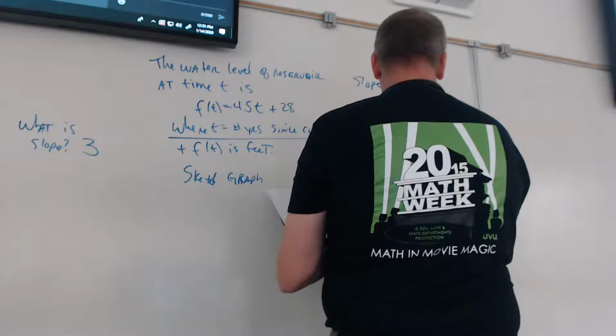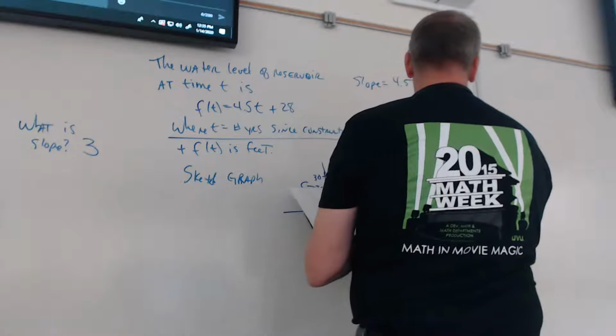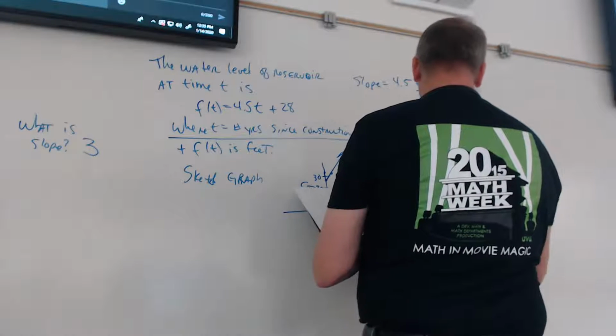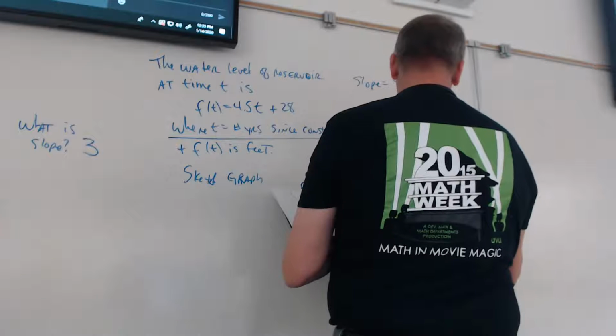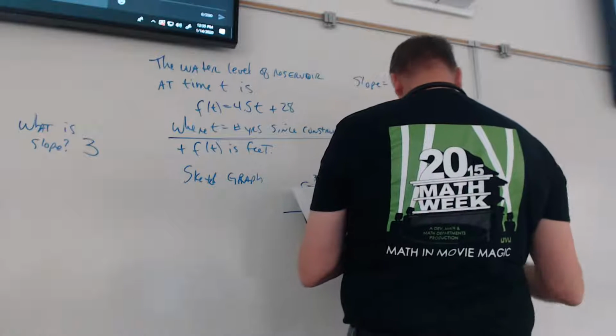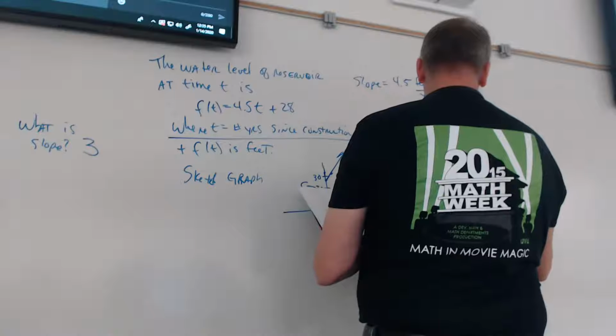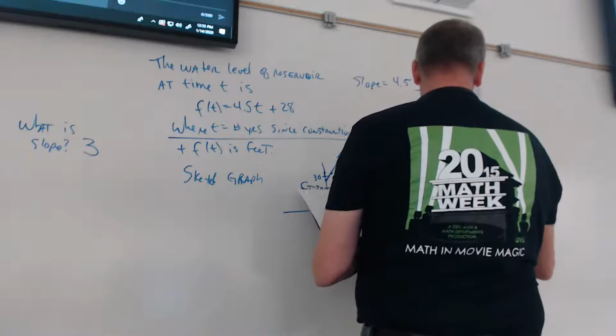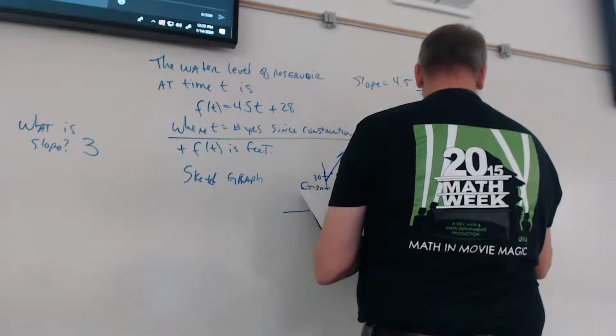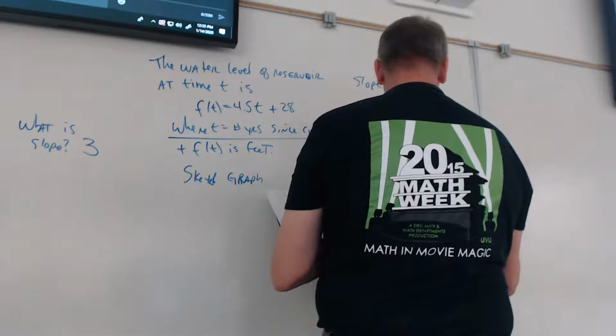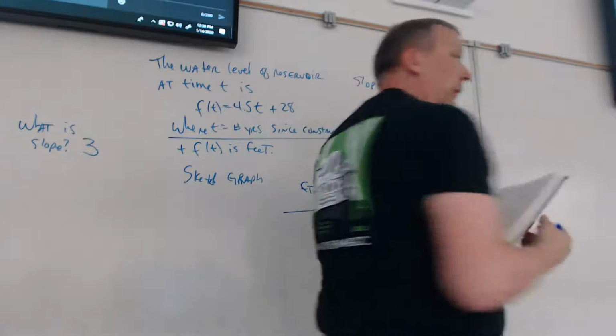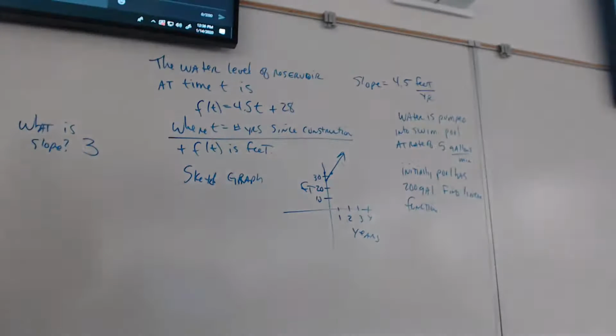Initially, the pool has 200 gallons. Find a linear function that represents this. Okay? So it must be Eunice's turn, I think. What do you think?